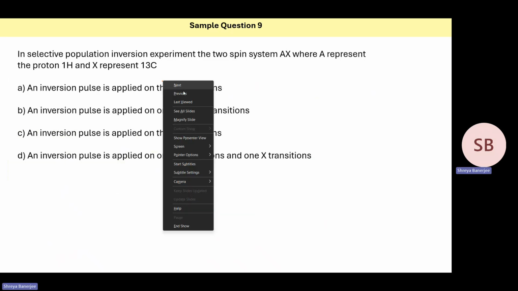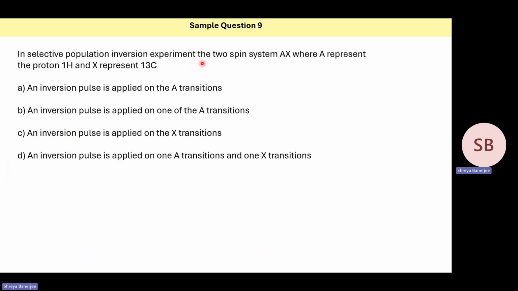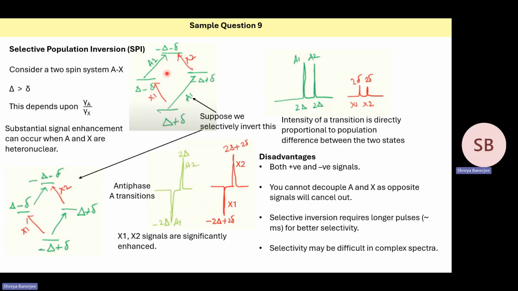Now it is asking about selective population inversion. In selective population inversion, a two-spin system AX, where A is proton and X is 13C, what do we do? Basically, we apply a selective pulse, and this selective pulse will increase the intensity of the signal which had low intensity. So we are applying the selective pulse to A1.